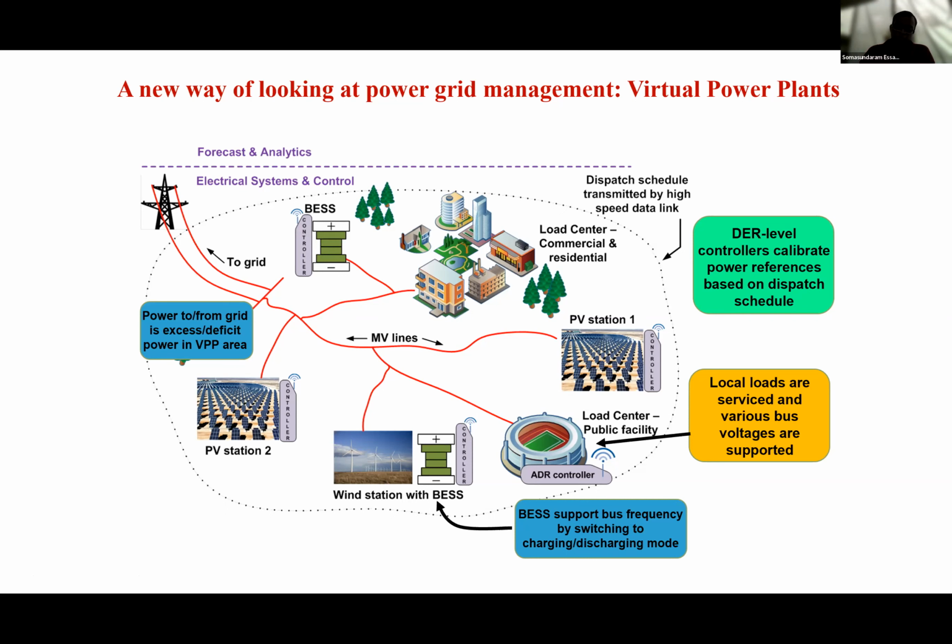Now, if you have a huge mall, for example, that is fully air conditioned, and you know that there is going to be a sudden increase in demand at a hospital, right? Obviously, you need to meet the demand at the hospital because it's a critical facility. So what you can do is, if the right ADR system is available, you can decrease the power consumed by the air conditioner at the huge mall, right?